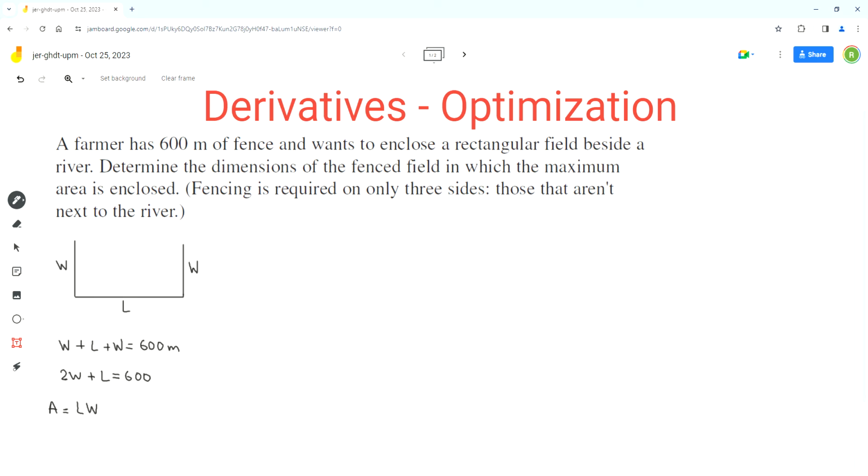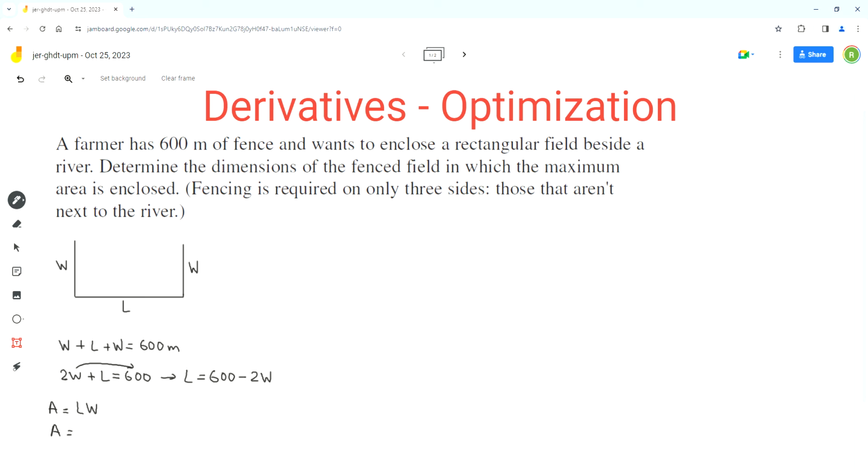So we can move the 2W to the right side of the equation, and we get L equals 600 minus 2W. And now we can do the substitution for L in the area equation.